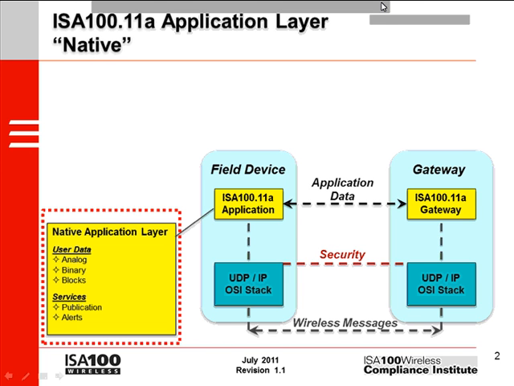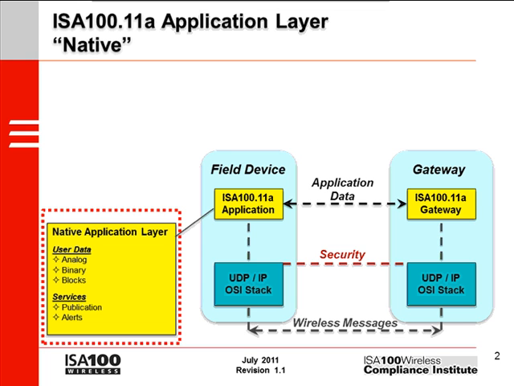The ISA100 standard without any extensions is sometimes called the native application layer. The native application layer supports a basic level of services for a basic device. These native capabilities support reporting of analog data, such as temperature, binary data, such as switches, and blocks of data, such as waveforms.